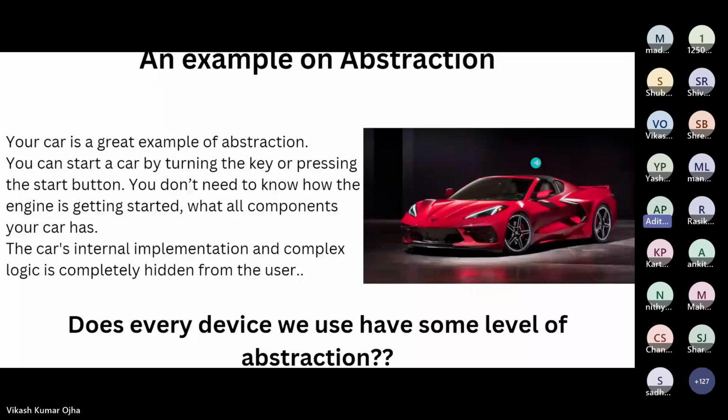Every device we use, for example a microwave, a phone, or even the laptop which you are using to watch the session, has some level of abstraction. There are hundreds of complicated processes going on inside which you do not know and need not know. That's the main point of abstraction. Next slide.